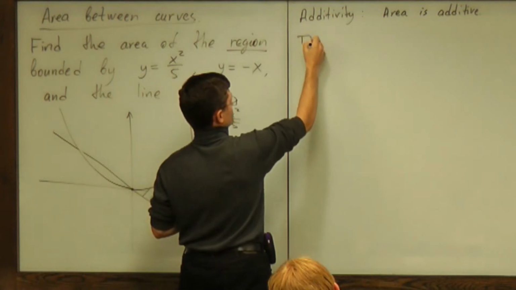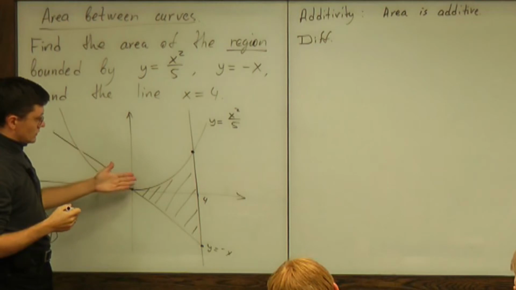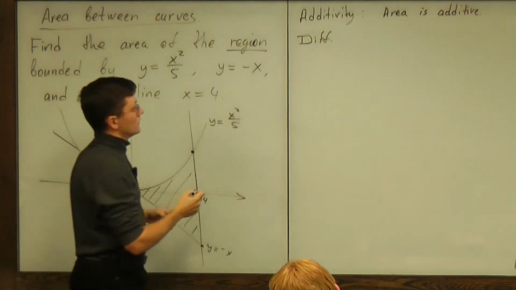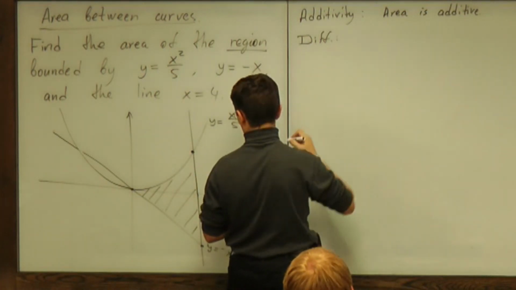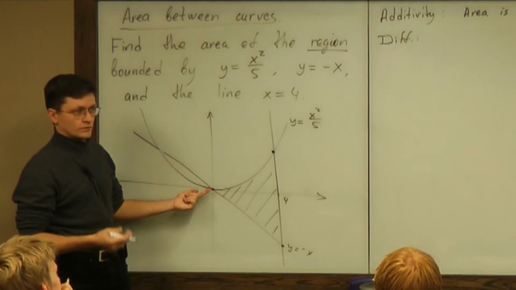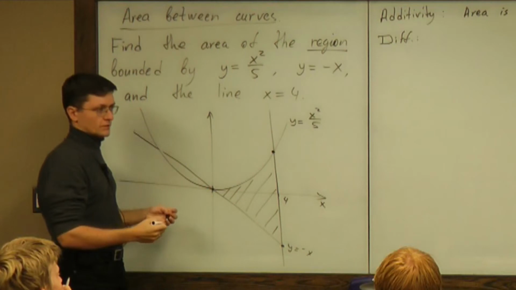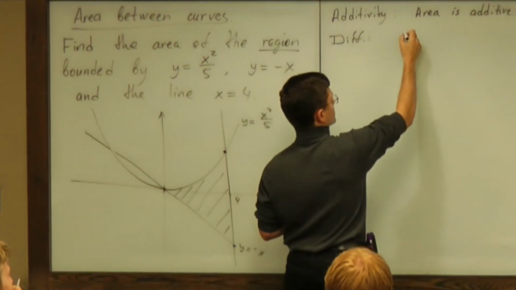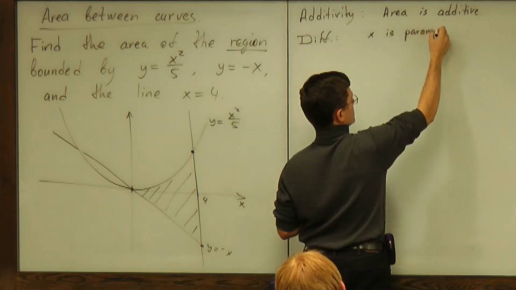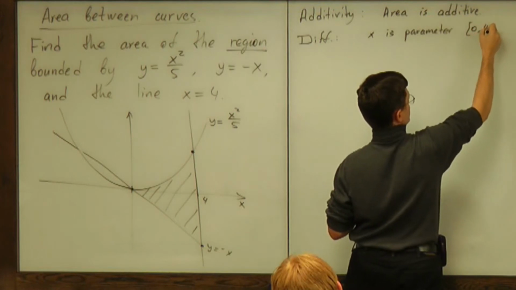Then differentiability. So what is it that I'm talking about here? I'm talking about the area as a function of, I need a parameter, right? For integration I always need a parameter. So I will take x as my parameter, and it changes between 0 and 4.